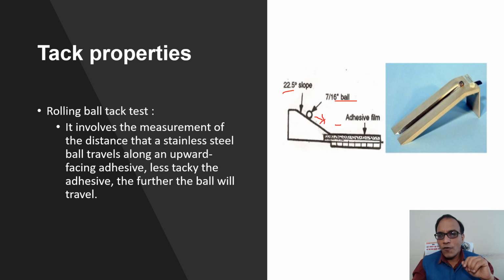How far it goes is measured, because it should go less far if the adhesive is good, because the adhesive will check its movement. So the less tacky the adhesive, the farther the ball will travel. So this is the actual picture you are seeing here.